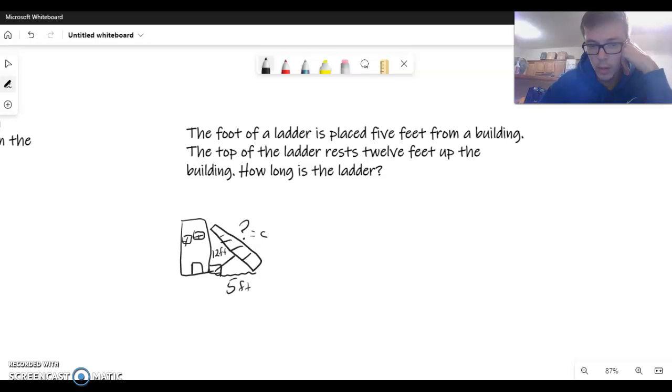Now resuming the video. We don't know the hypotenuse, that's the side opposite the right angle. The ladder is the hypotenuse, so we're going to have leg squared, so 5 squared, plus the other leg squared, which is 12 squared, equals c squared. So 5 squared is 25, plus 12 squared is 144, and that equals c squared. Add those together, we get 169 equals c squared.